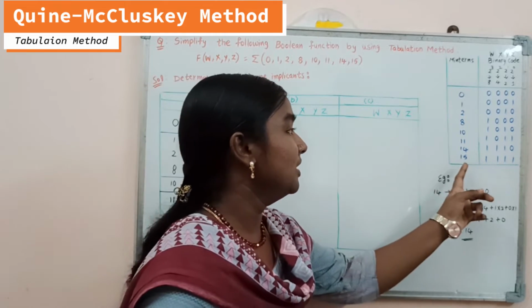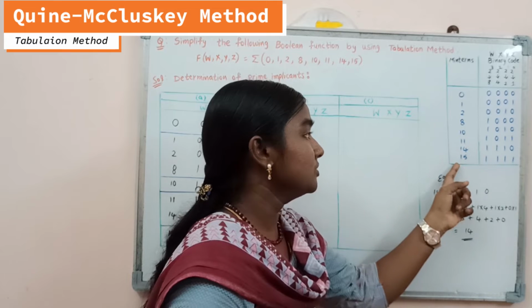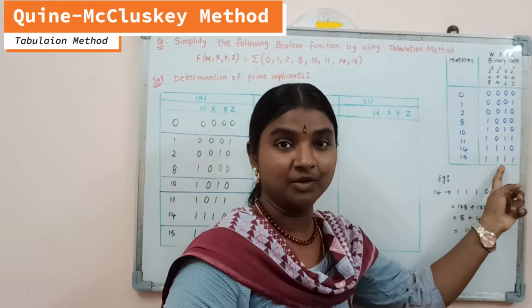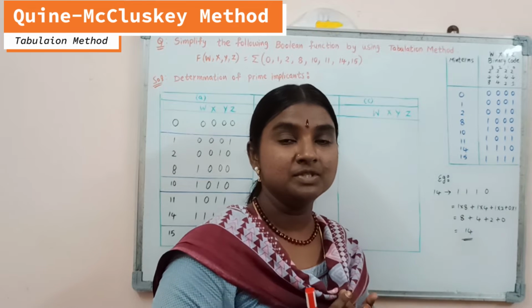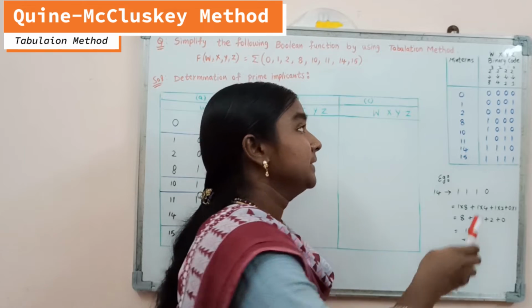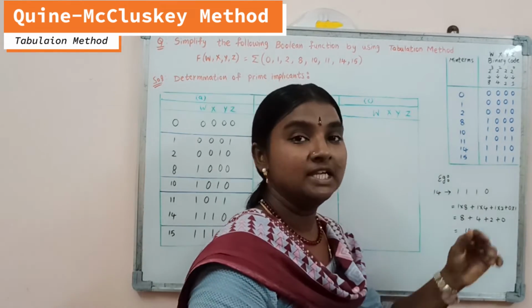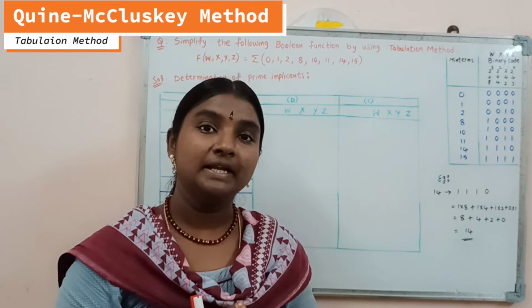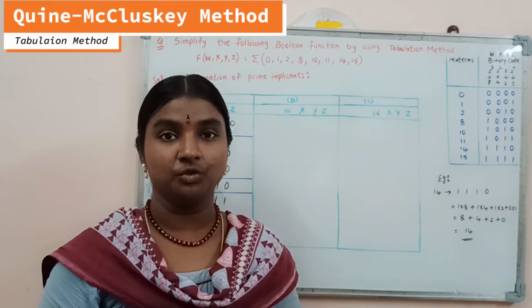This table shows the binary codes for all the minterms present in this function. These binary codes are written using a 4-bit binary code with the weights 8, 4, 2, 1. Now, considering all these binary codes, we need to divide them according to the number of ones in different groups.